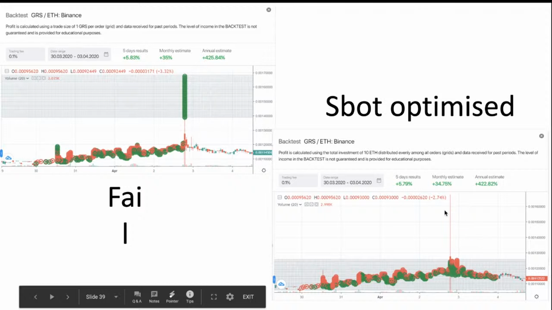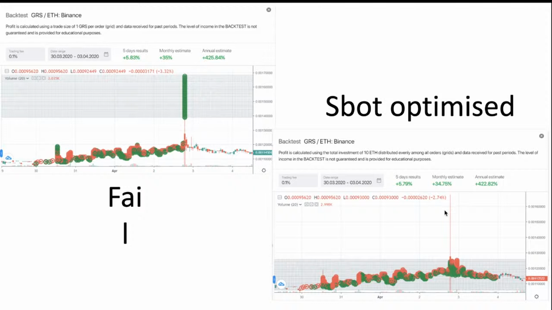So that's the way we make sure that you have secure trading. We don't let our bots let you get stuck in the unprofitable area like here.